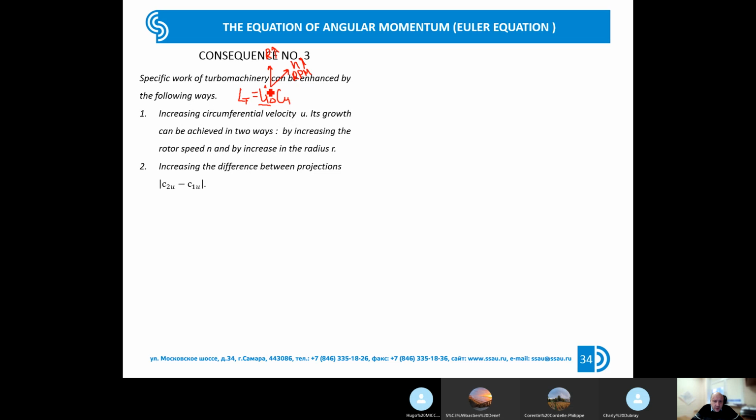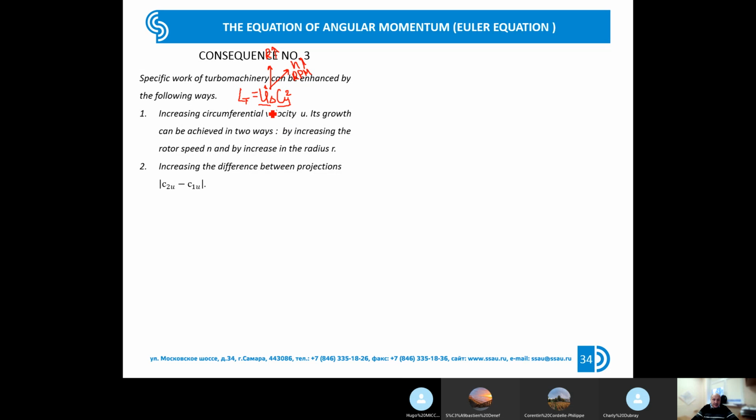It's the first direction of increasing specific work. And the second direction of increasing specific work is increasing delta CU, increasing the difference between the circumferential projections of absolute or relative velocity.